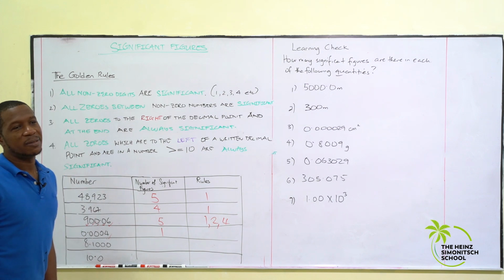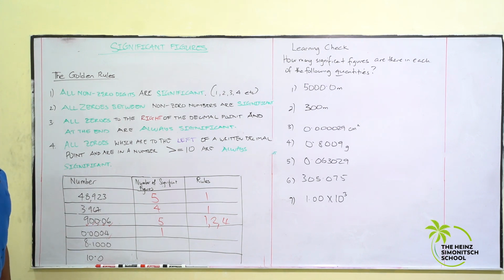Next, 8.1000. How many significant figures are in this number?